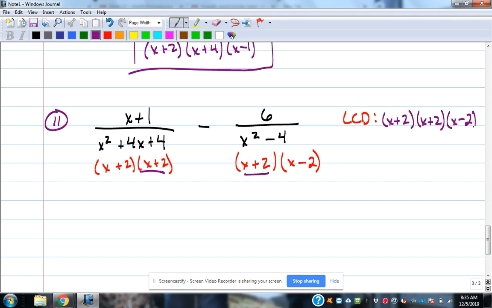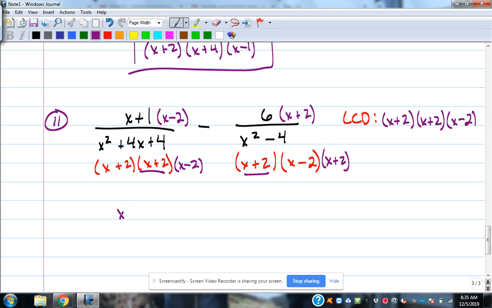So the first fraction needs what? Second fraction needs another x plus 2. Multiply that out.